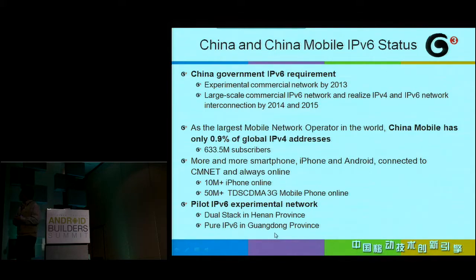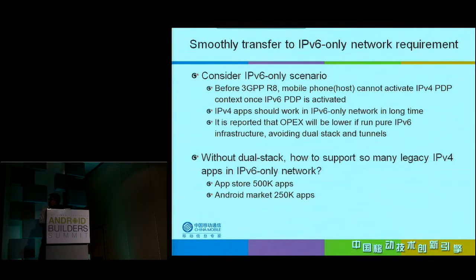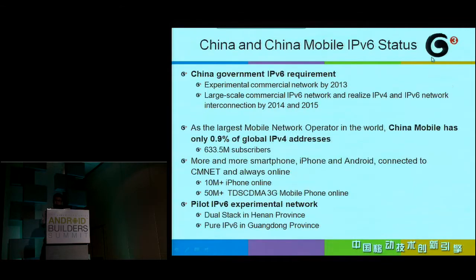Because, as the report says, the OPEX will be lower if you set up a pure IPv6 infrastructure. So maybe in the future, a pure IPv6 network will be set up in China Mobile.